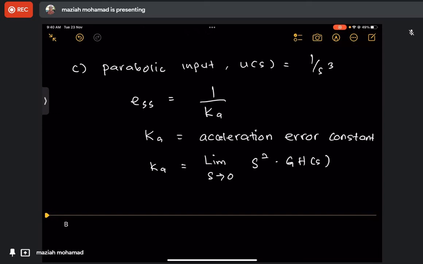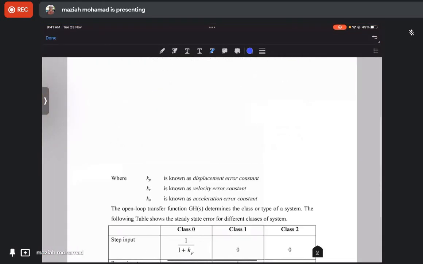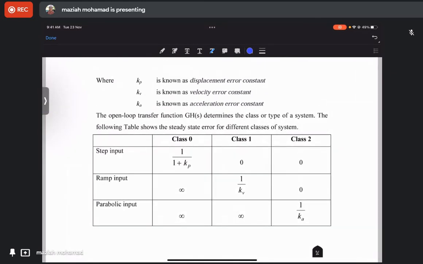All right, for the second part, I said that the steady state error will also depend on the class of the open loop transfer function. So in this table here, let's just focus on the step input first.